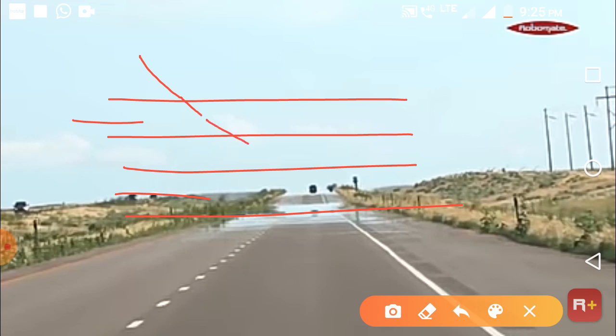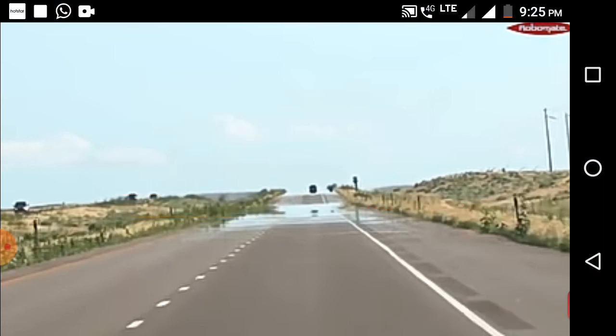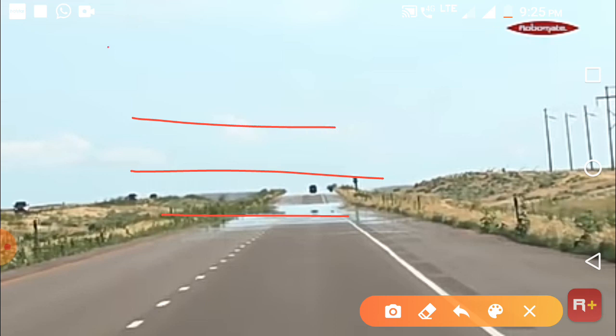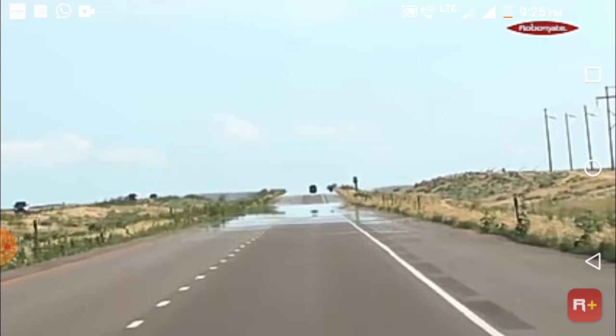So it goes away from the normal. It is coming from this denser medium to the rarer medium, so it goes away from the normal, and here it is completely reflected back. So total internal reflection takes place here. This phenomenon is called mirage.